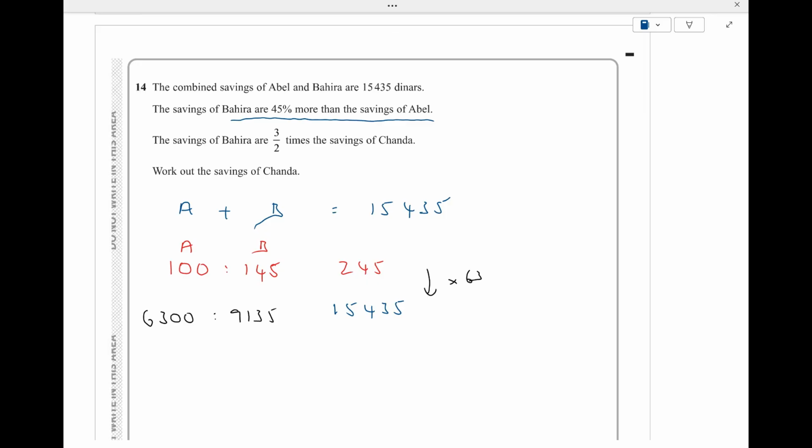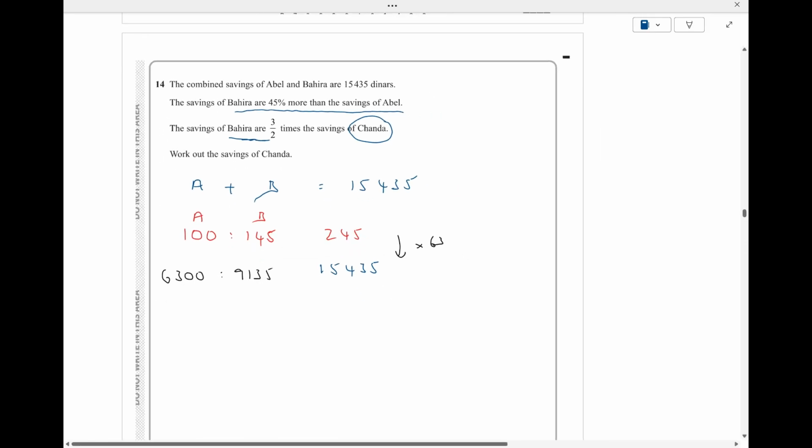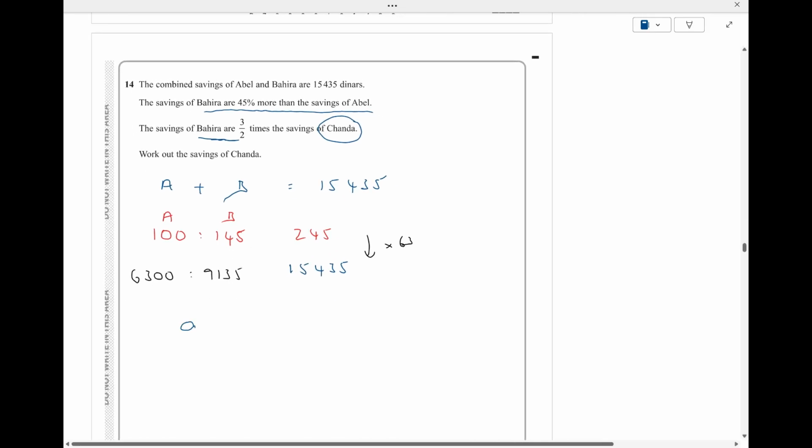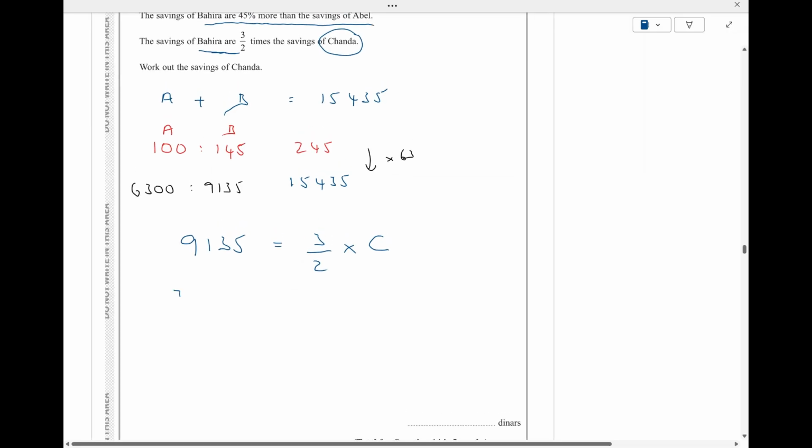Right, the savings of B are 1.5 times the savings of C. Work out the savings of C. So the savings of B, 9135, equal 3 over 2 times the savings of C. So there's my equation. 3 over 2C equals 9135. Let's multiply both sides by 2.